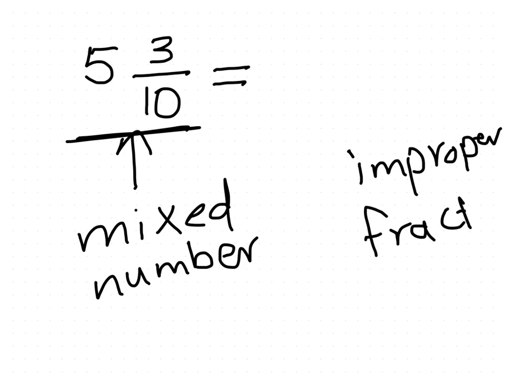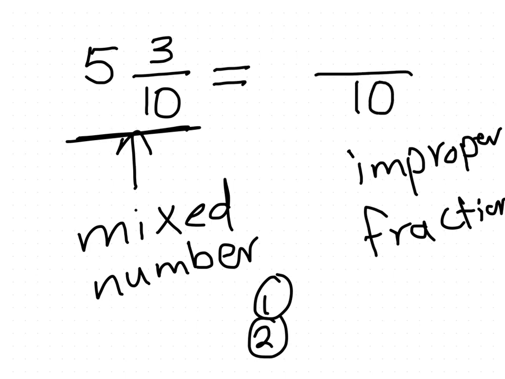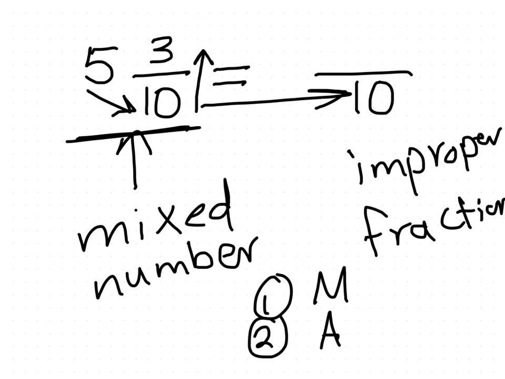How to do that? We know we have two steps to do. Before I start doing the steps, I will keep the same denominator. I will not change the denominator, so it will stay the same. What are the two steps? Multiply, add. Multiply what by what? Multiply whole by denominator. 5 by 10 is 50. Then take the product, add it to the numerator. 50 plus 3 is 53.